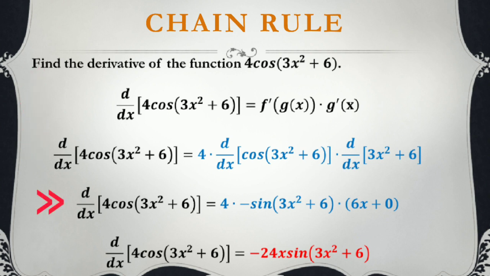After that, we get 4 times negative sine of 3x squared plus 6, since the derivative of cosine x is negative sine x. Then multiplied by 6x plus 0. 4 times negative sine of 3x squared plus 6, times 6x, is equal to negative 24x sine of 3x squared plus 6. And we are done.